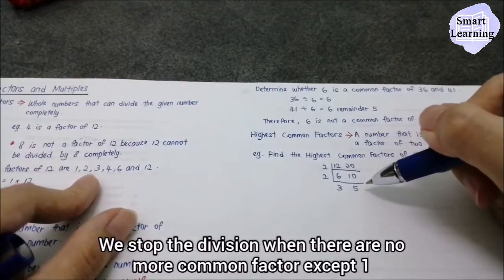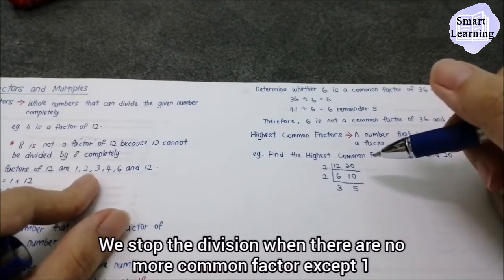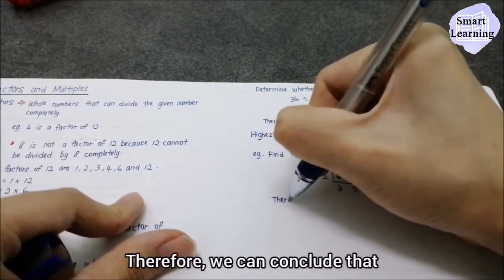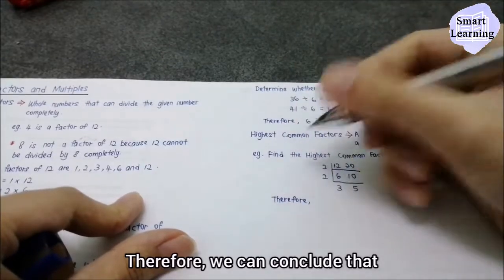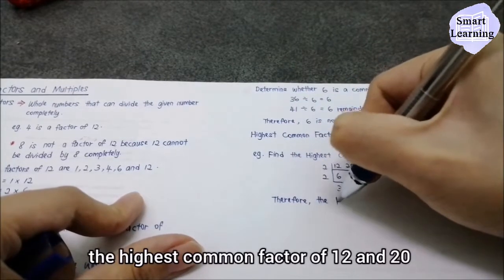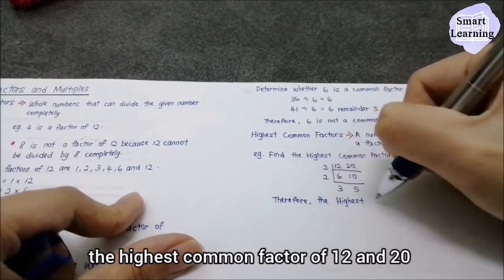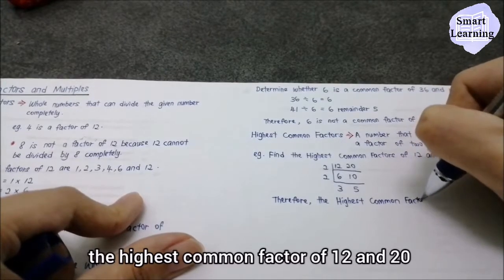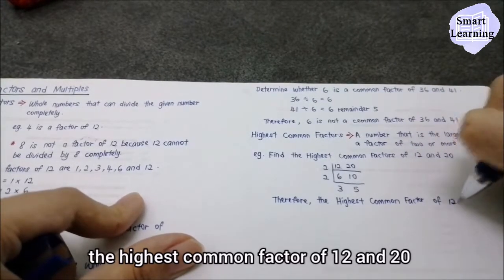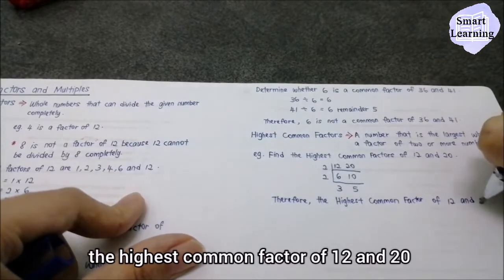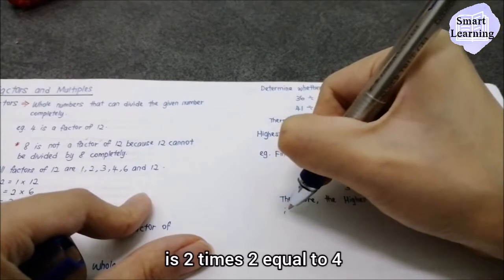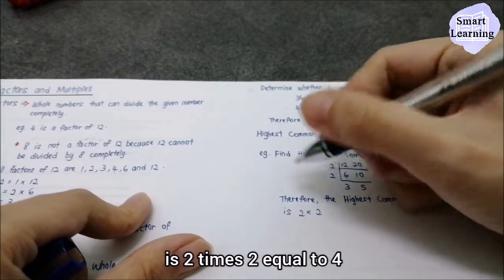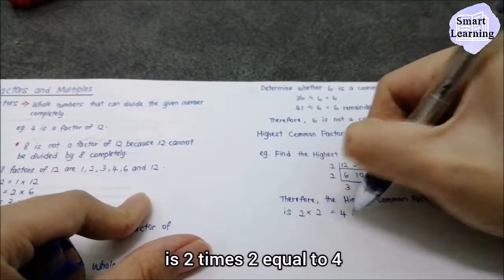So we stop the divisions when there are no more common factors except 1. Therefore, we can conclude that the highest common factor of 12 and 20 is 2 times 2 equal to 4.